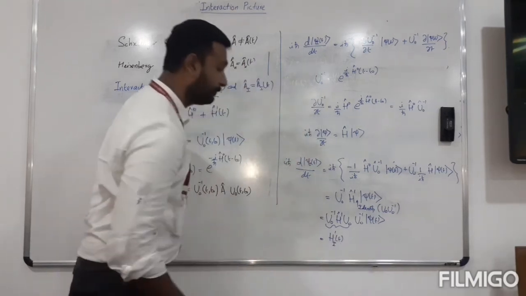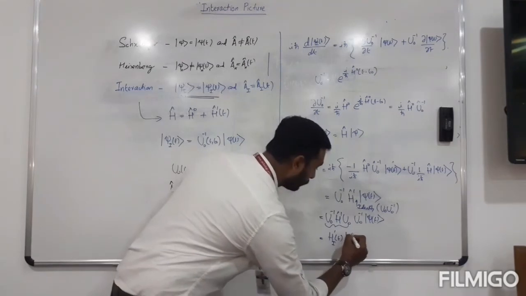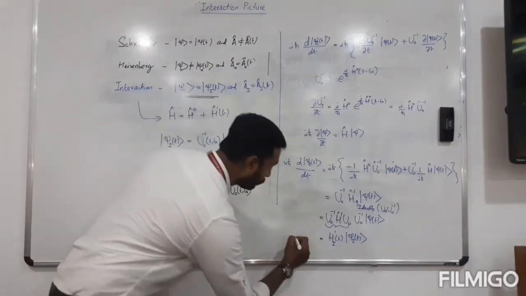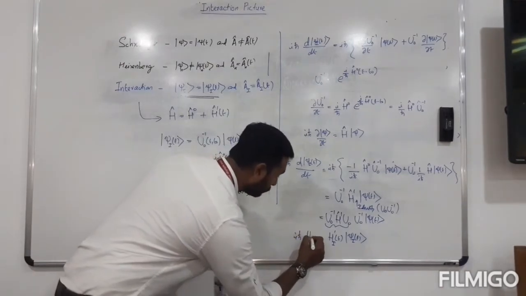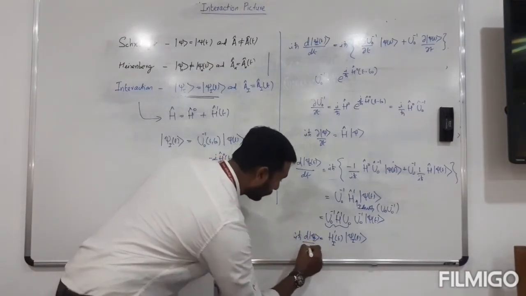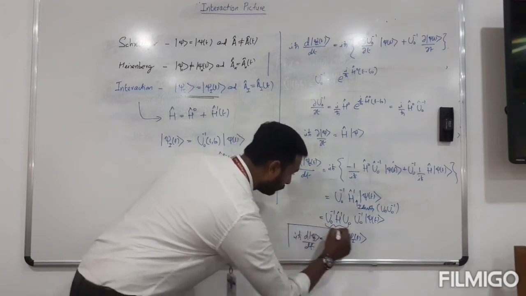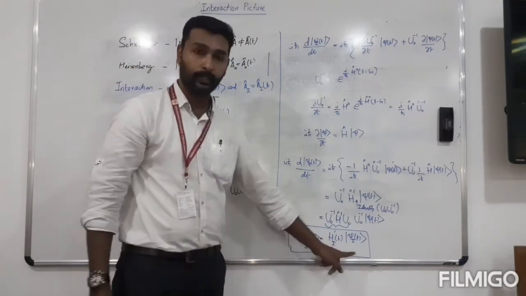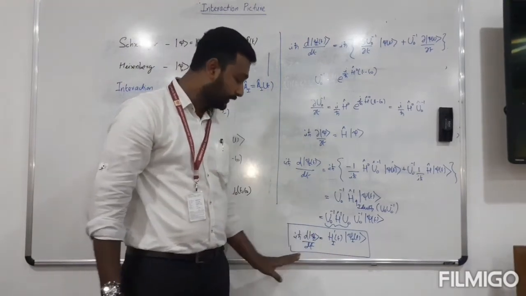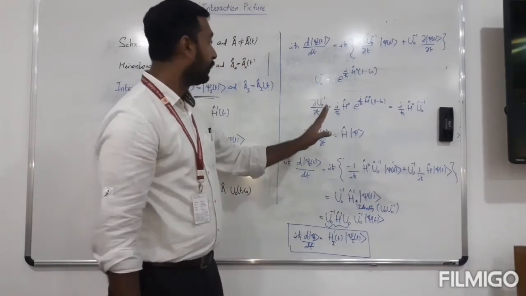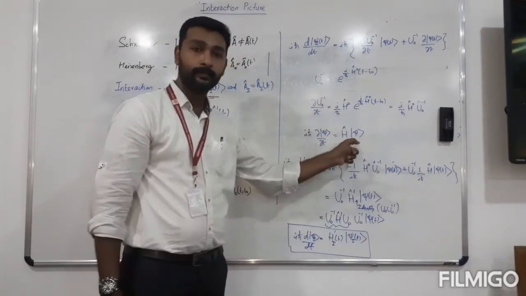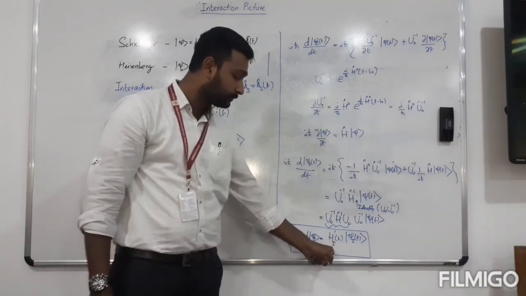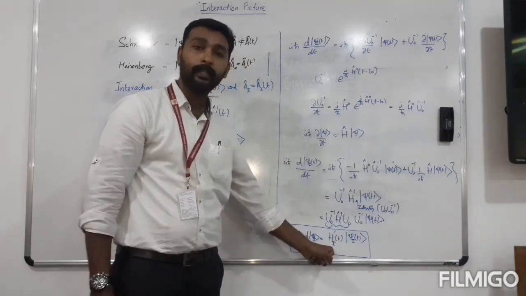So this is H prime in the interaction picture. Again, it's a function of time. This is the state vector in the interaction picture. It's a function of time, and my equation would be iħ d psi I by dt is H prime I psi I of t. Okay, now this is nothing but like our Schrodinger equation, but the only difference is instead of the total Hamiltonian, we have the time dependent Hamiltonian in the interaction picture.